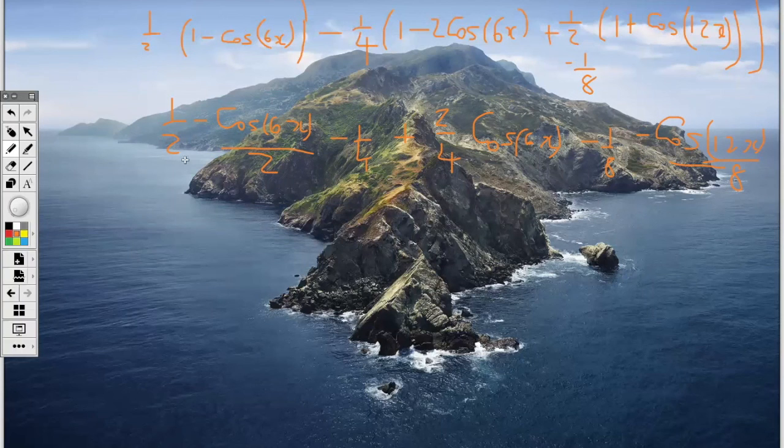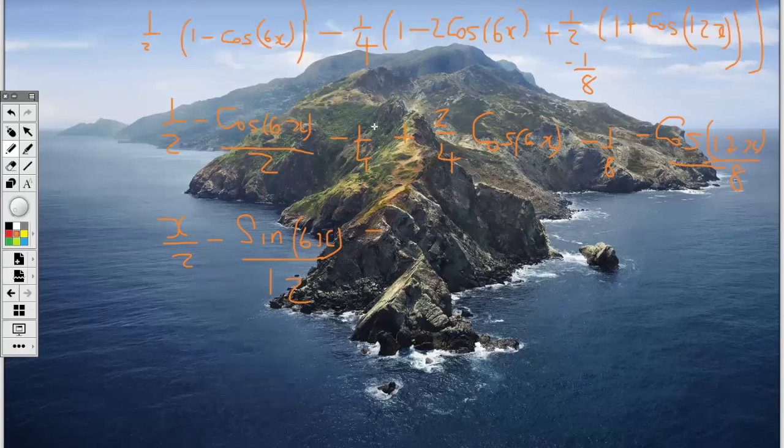Now we're going to integrate this. This is what you're going to see on the slide. Integral of a half is x over 2. The integral of cos 6x over 2: remember, integral of cos is sine. Rewrite the 6x, then 6 times 2 gives us 12.